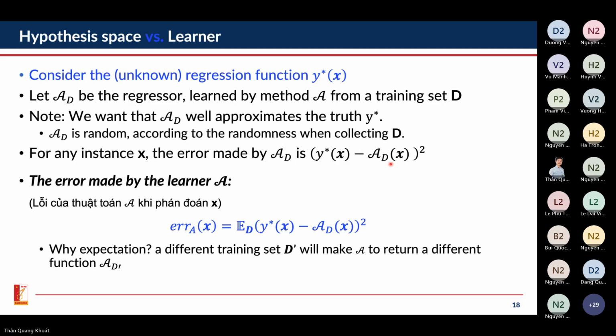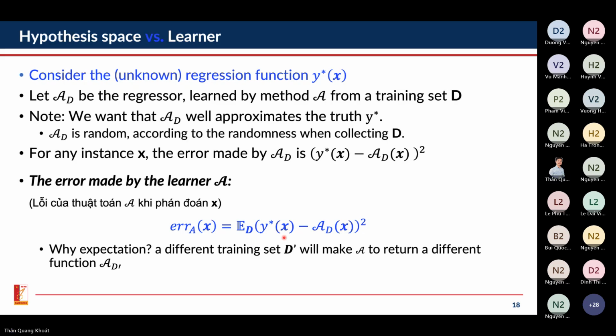But this is the error of one specific model. One algorithm can produce many different models according to different training sets. So in order to see the error of one algorithm, we need to consider this quantity: the expectation over the training set of the square error.